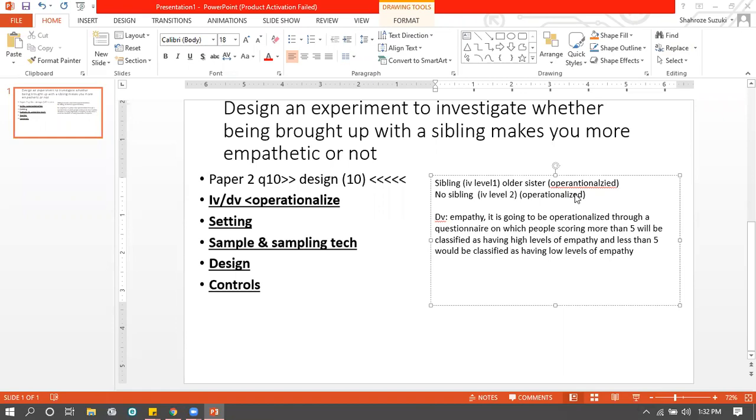How though? All right. So as a psychologist, empathy is a concept. Now, my job is not to define empathy in terms of its dictionary meaning, as in the philosophical definition of what empathy is.